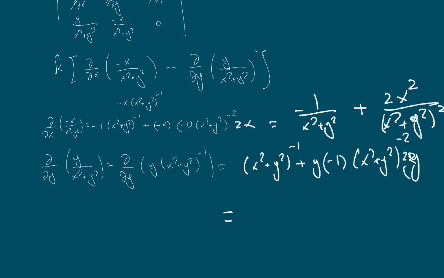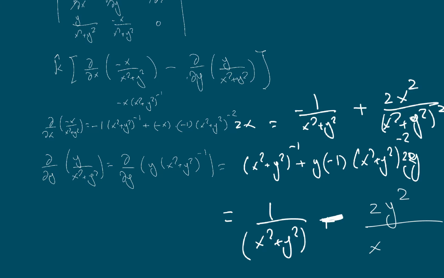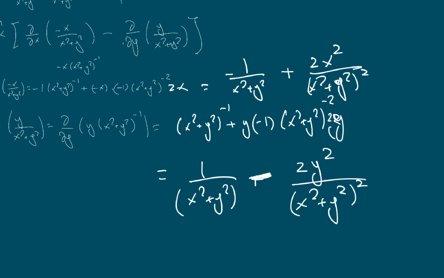And here we will have 1 divided by x squared plus y squared. And here we have a minus sign, the 2y squared, and in the denominator x squared plus y squared, squared.